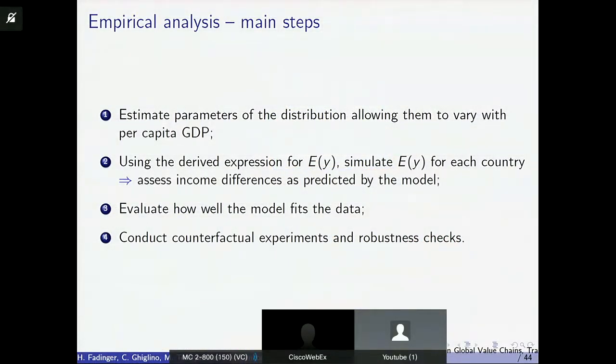Then we use the formula from the previous slide to simulate expected aggregate income. And then we can see how well the model does in terms of predicting aggregate income differences across countries. Once we see that it performs relatively well, we can conduct counterfactual experiments.